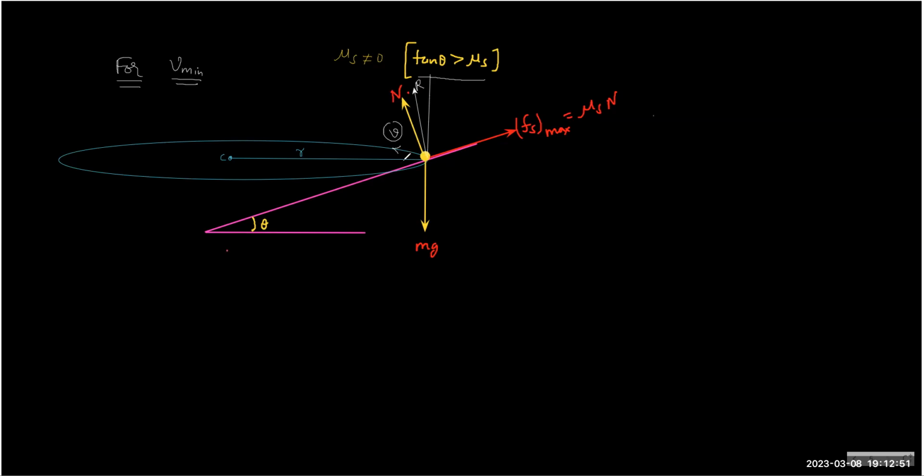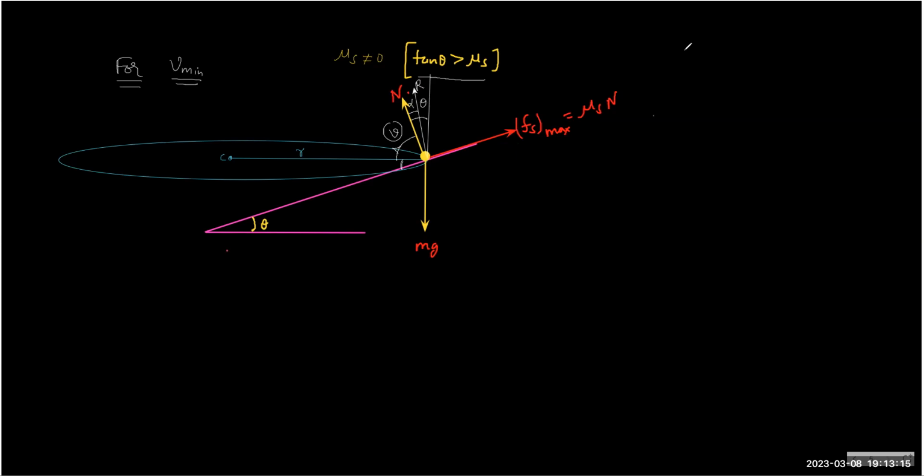This is theta, this is also theta. So this is how much? 90 minus theta, right? Anyway, this is theta, the entire angle. And this angle you can take as alpha.